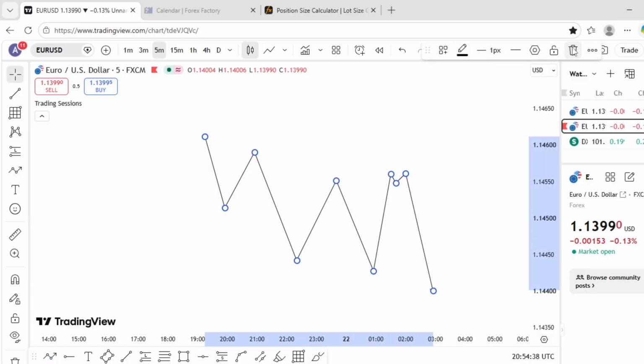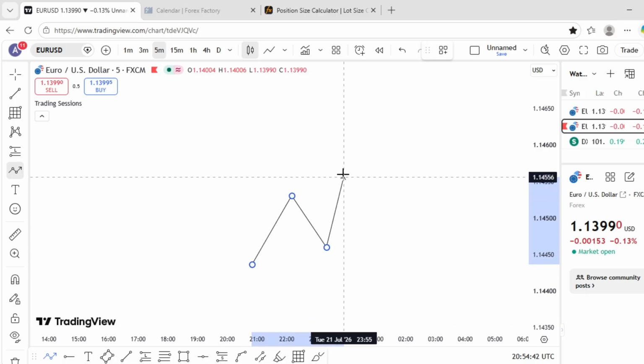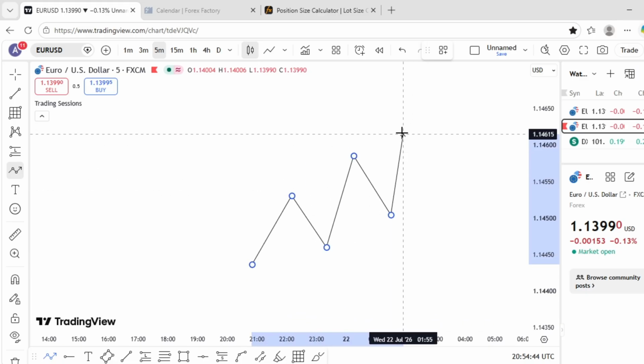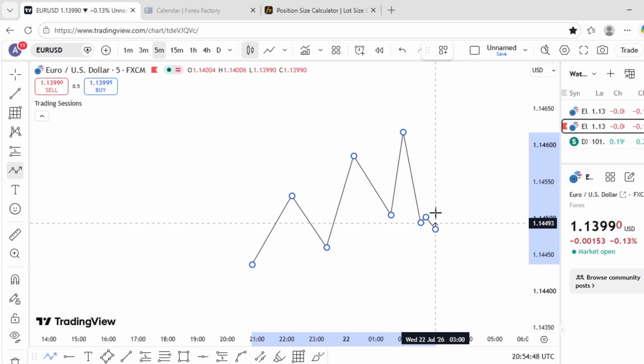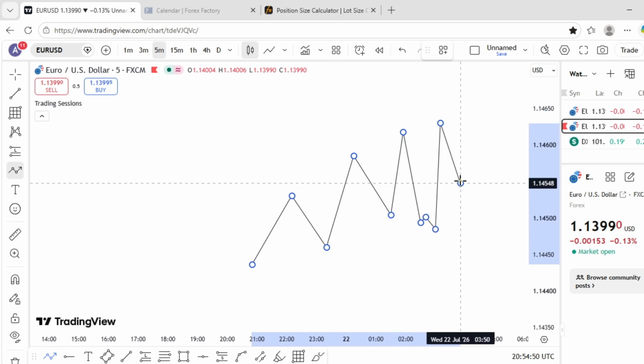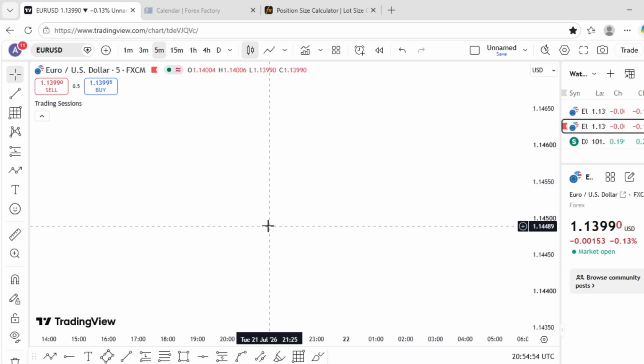If the market is bullish like this, I want the market to come down, sweep a low, give me confirmation, then I buy to the upside. That's exactly how I look for my trades each day.